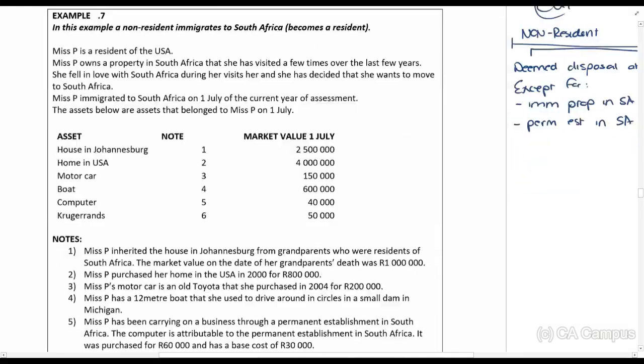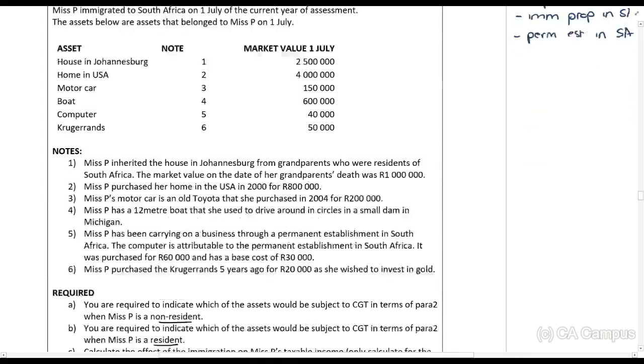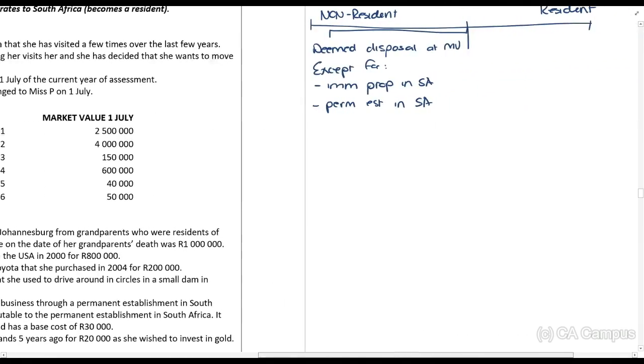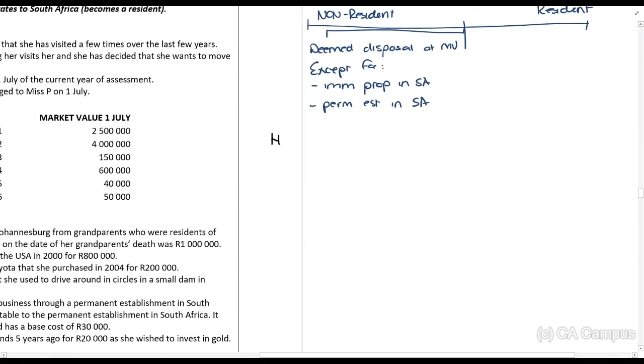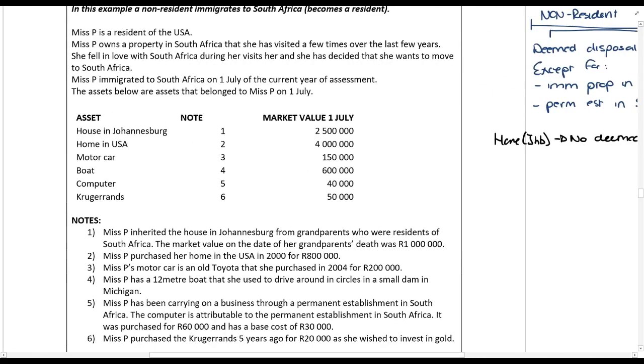Okay, so if we look at it, the first one is a home in Johannesburg. I'm going to write it here. Home in Johannesburg. There's no deemed disposal. Why? Because it's immovable property in South Africa. Okay, perfect. Next one is a home in the USA. She's got a house in America, 4 million rands.